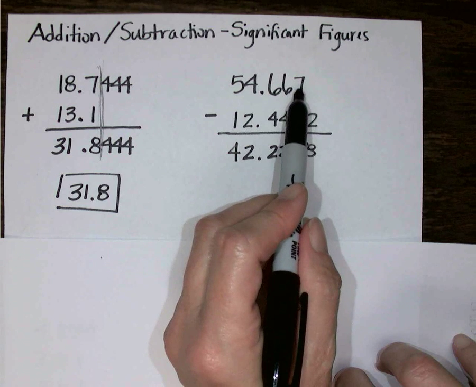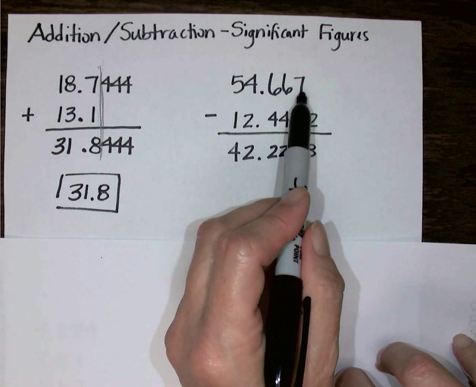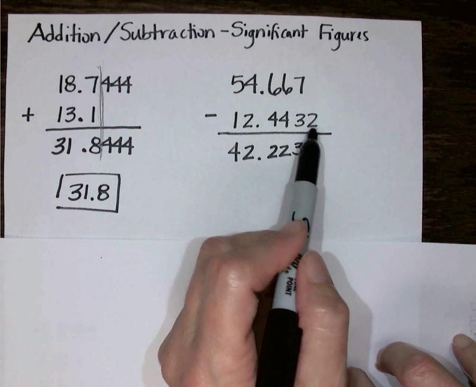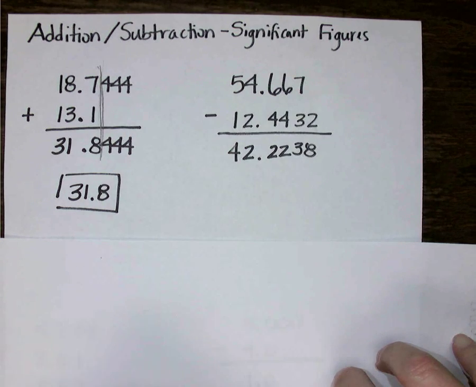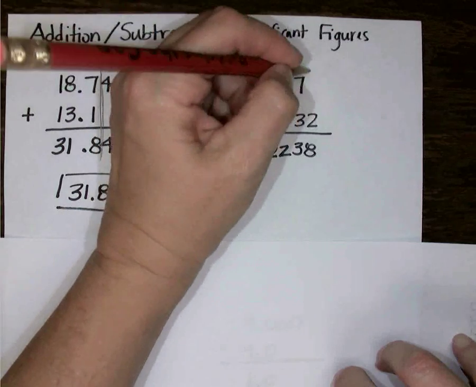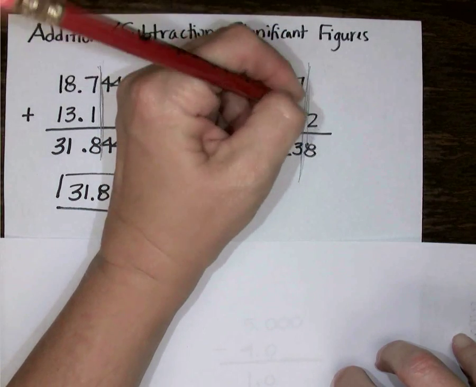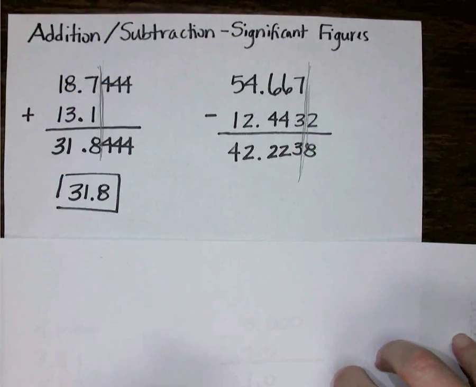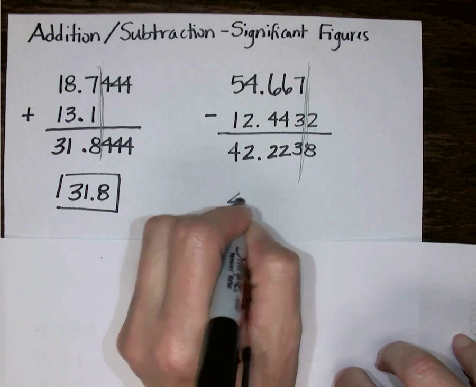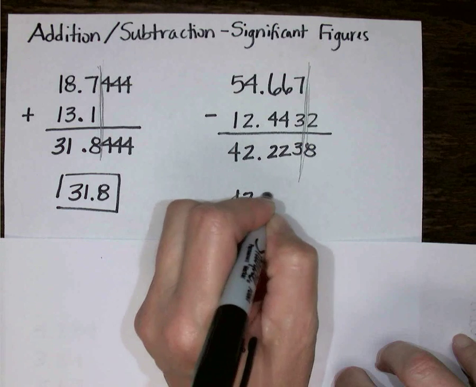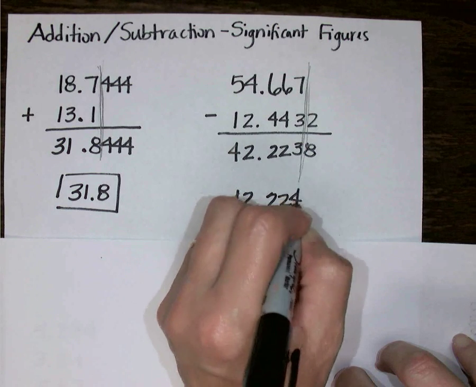The 1,000th place is less precise than 10,000. We encounter thousands before we encounter 10,000. So again, we need to round our answer. The remainder here is an 8 that rounds up. So we report this answer as 42.224.